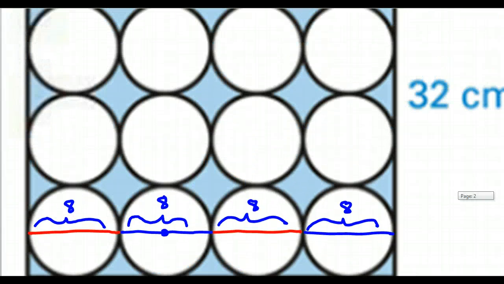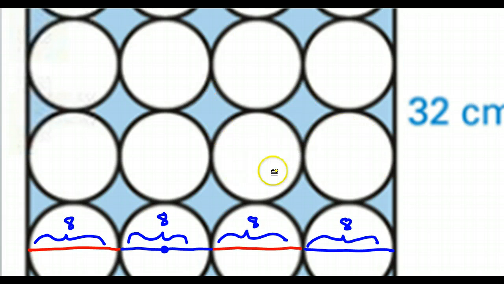Okay, but when we start dealing with the outer shape minus the inner shape, we're going to need the area, so we're going to need the radius actually. So if these diameters are all 8, what about a radius? Well, that'll be 4, half of the diameter. Okay, fine. So what if I want to find the area of one of these circles? Do we know that area is pi r squared?